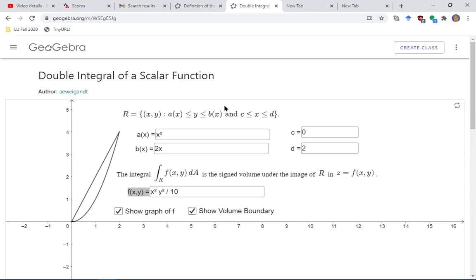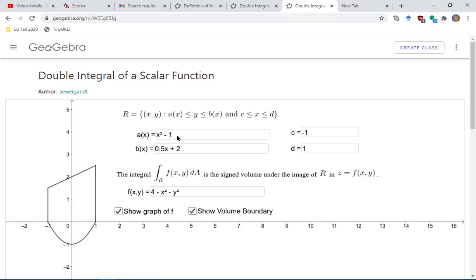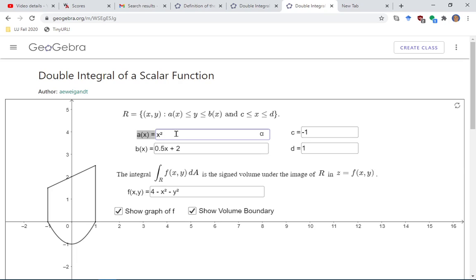Okay, the GeoGebra pages do not last that long. They kind of evaporate. Let's see if we can get another one of these pages going. Okay, now the problem is I have to type all of that stuff all over again, and it acts rather slowly. So our bottom function was x squared, and top function was 2x.